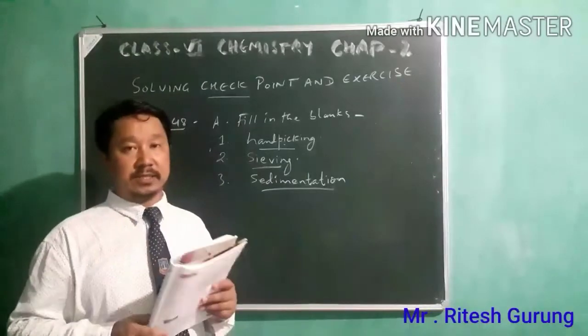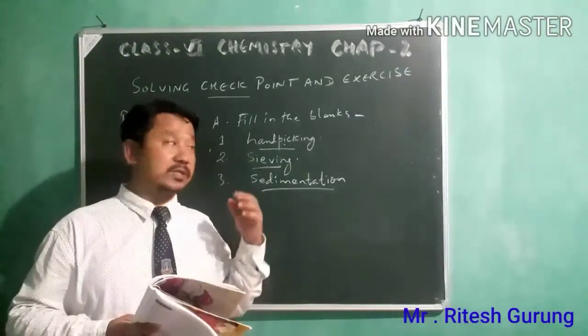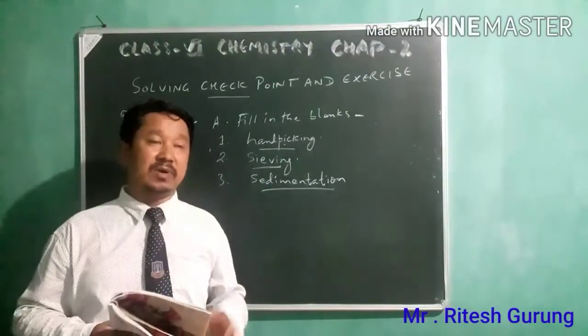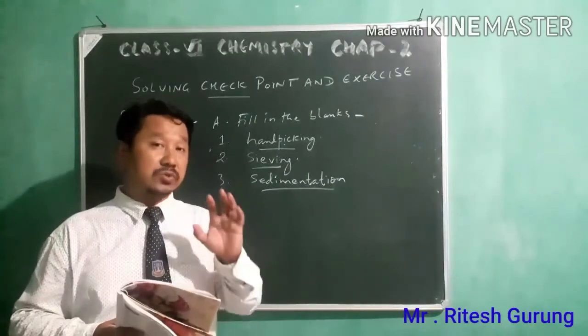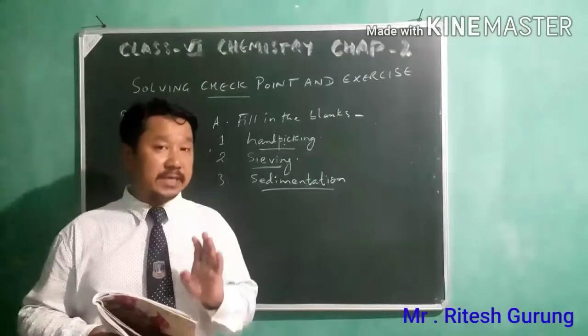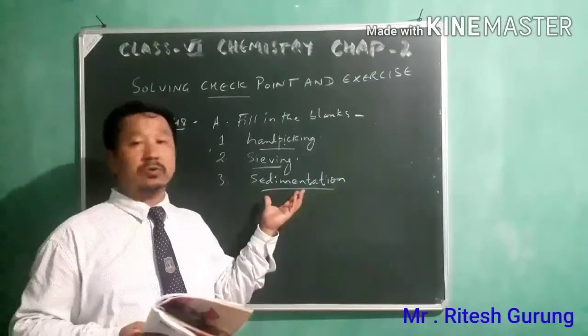You just guess the answer before I read out the question, because we have finished the chapter. I have tried my best to make you understand what the things are. Once I read the question, you please guess the answer, say the answer, and cross check with the answer that I am writing on the board.